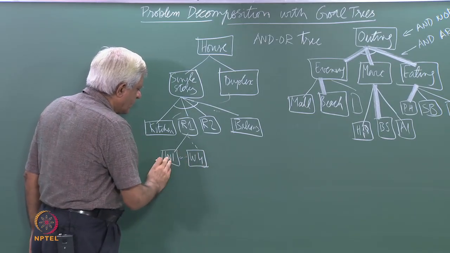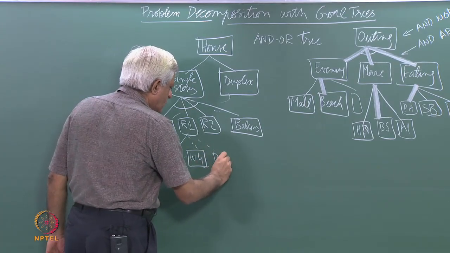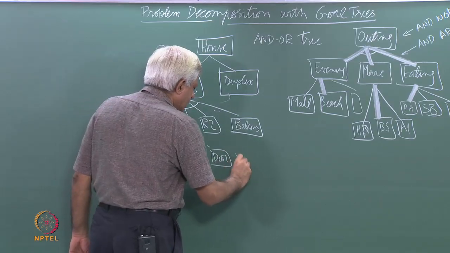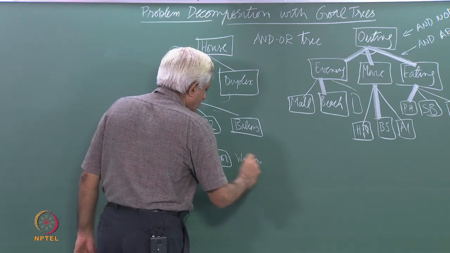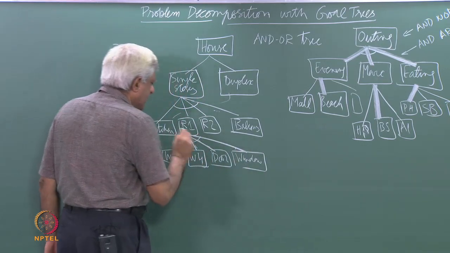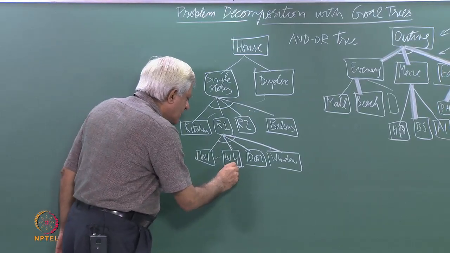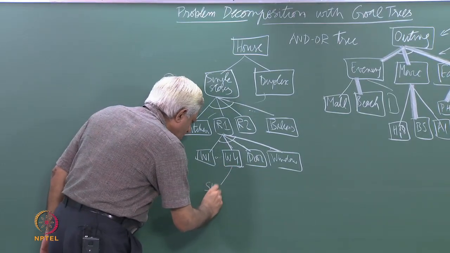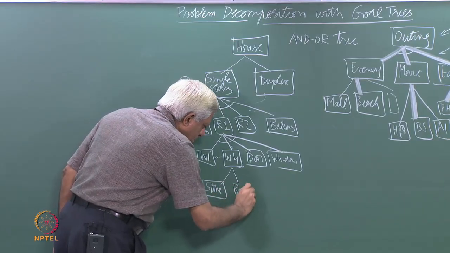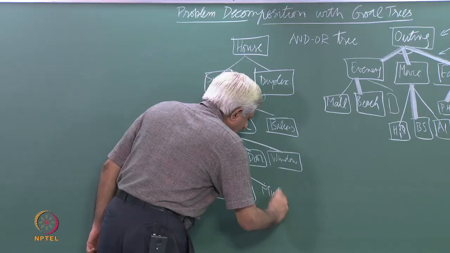So, from wall 1 to wall 4, and then maybe a door, let us say we have only one door in this, and let us say we have a window. This would be an AND node, and if you look at a wall, for example, you may have choices like stone or brick or mud in some places.